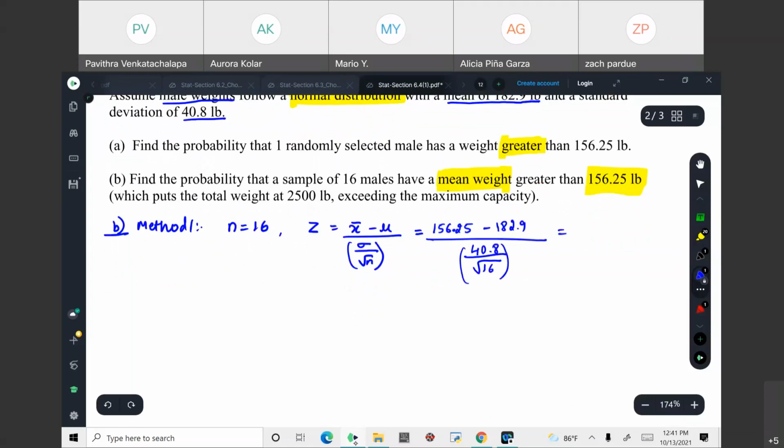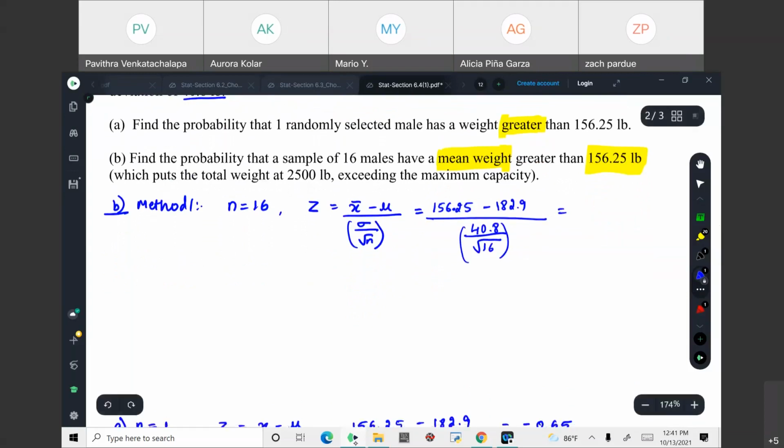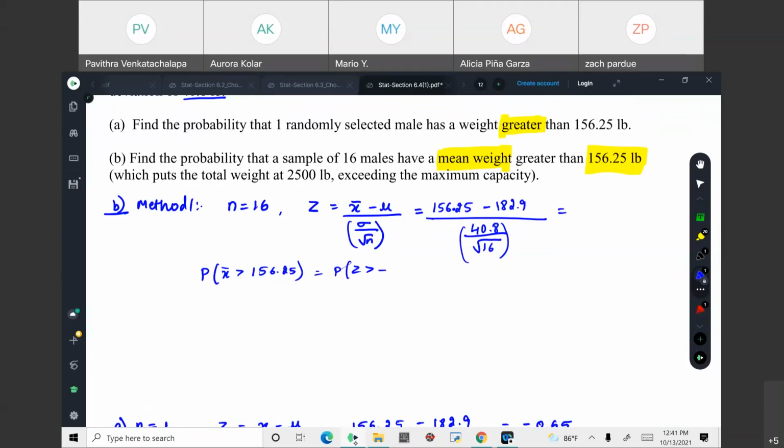Tell me the answer. Answer must be minus 2.61.